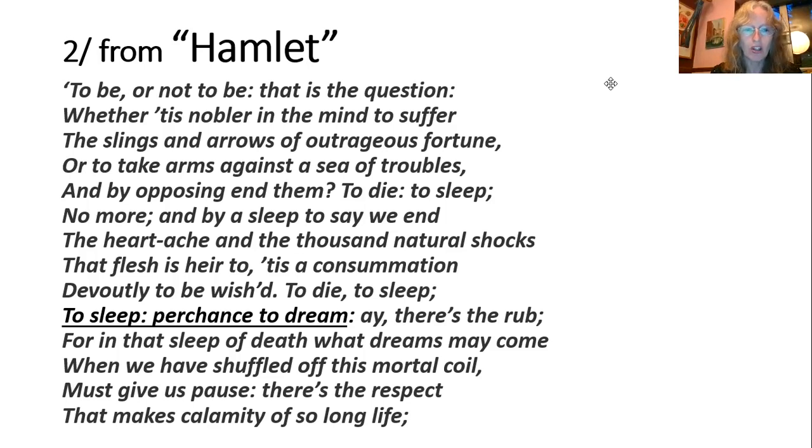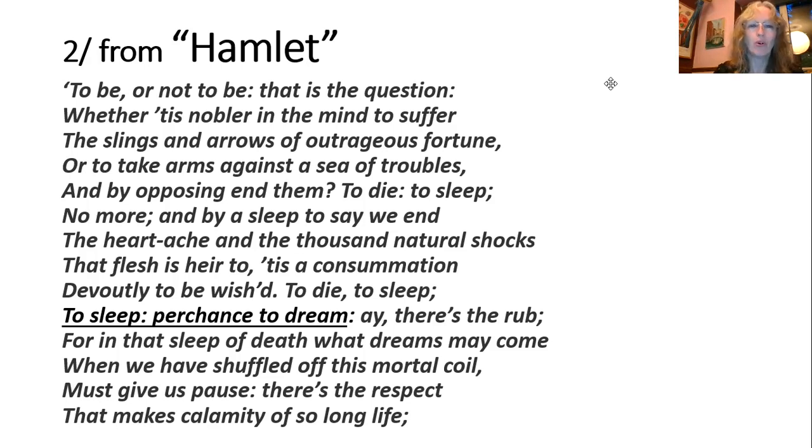'Tis a consummation devoutly to be wished. To die, to sleep, perchance to dream. Aye, there's the rub. For in that sleep of death, what dreams may come when we have shuffled off this mortal coin must give us pause. There's the respect that makes calamity of so long life.